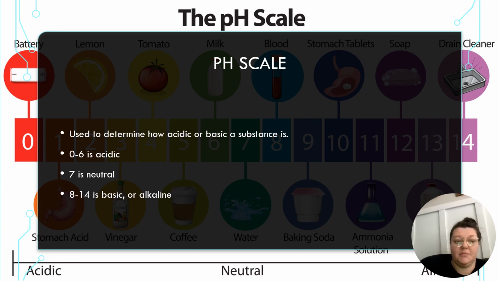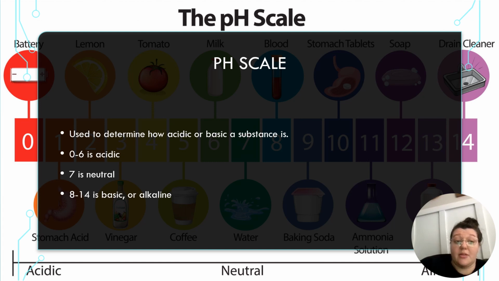And then right down here, you can see stomach acid, vinegar, all that's acidic. We know that. 7 is considered neutral, and we know water is neutral. It has no pH. It's not acidic. It's not basic. It is just neutral.